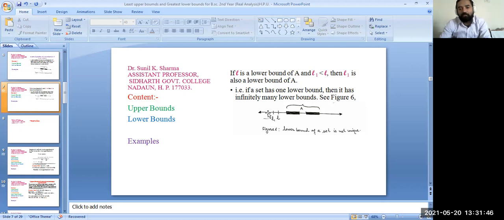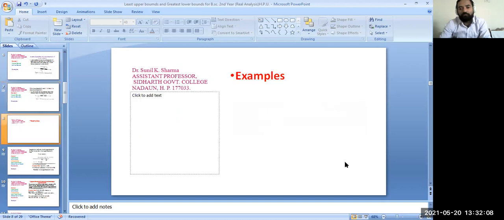Similarly, if there exists L2 which is less than L, then L2 is also a lower bound. In the same way, all the numbers which are less than L are lower bounds. So if a lower bound of a non-empty set A exists, then there are infinitely many lower bounds. So we can say the lower bound of a set is not unique.